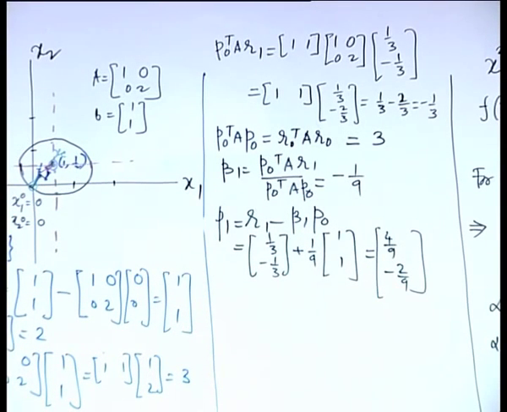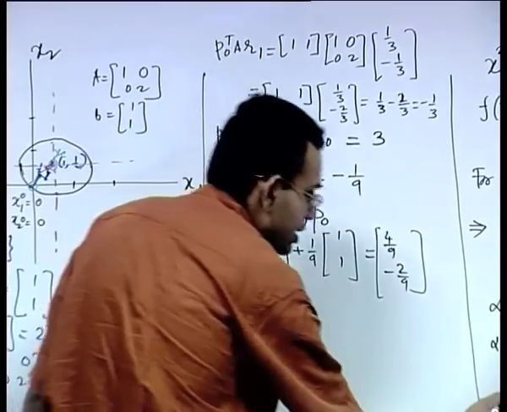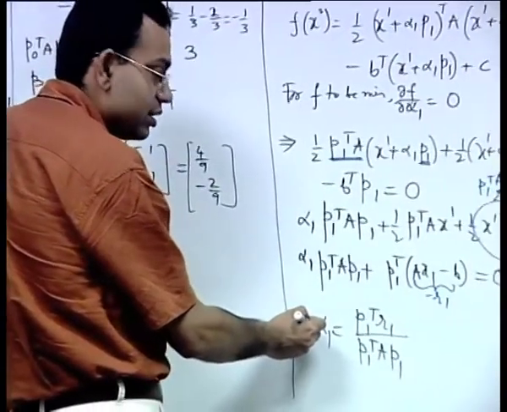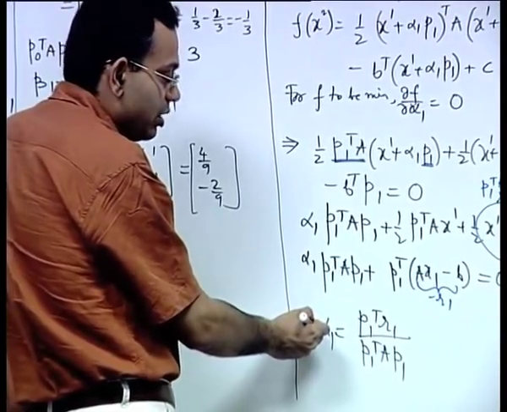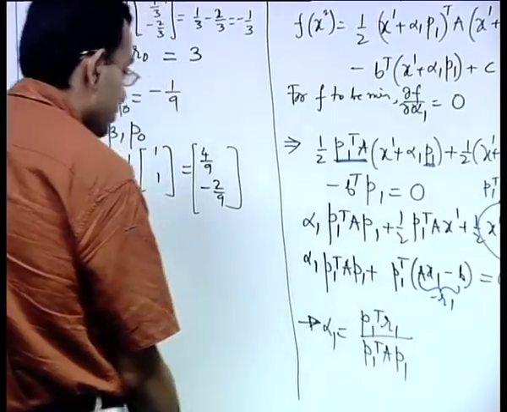So once you have calculated P1, what you next should calculate? Alpha 1. So for calculation of alpha 1 you require in the numerator, this is the formula for alpha 1. In this particular formula you require P1 transpose R1 and P1 transpose AP1.